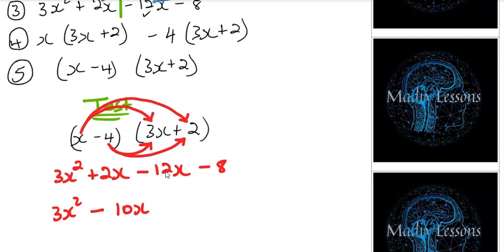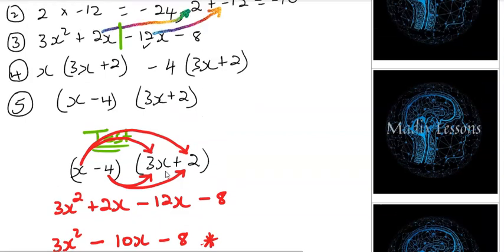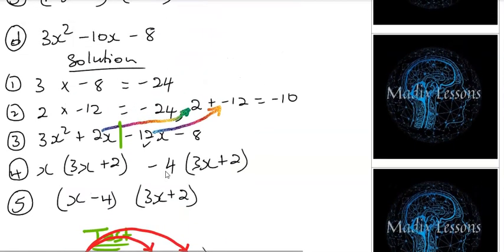And we have a negative 8, the constant, with no other like term, so we just put that back. That is what we started with: 3x squared minus 10x minus 8. Let's check it out, guys. Look right here: 3x squared minus 10x minus 8.